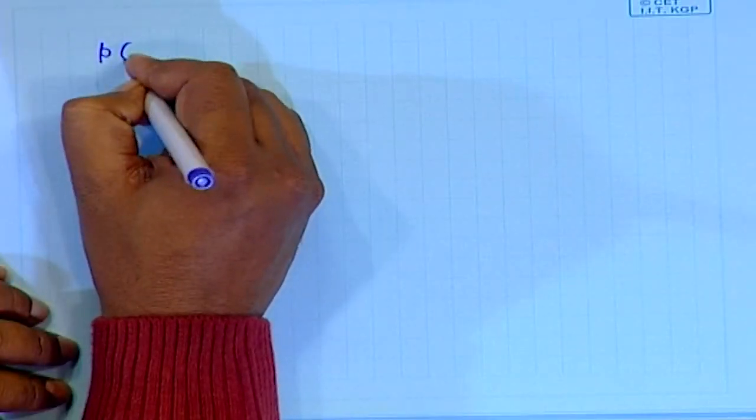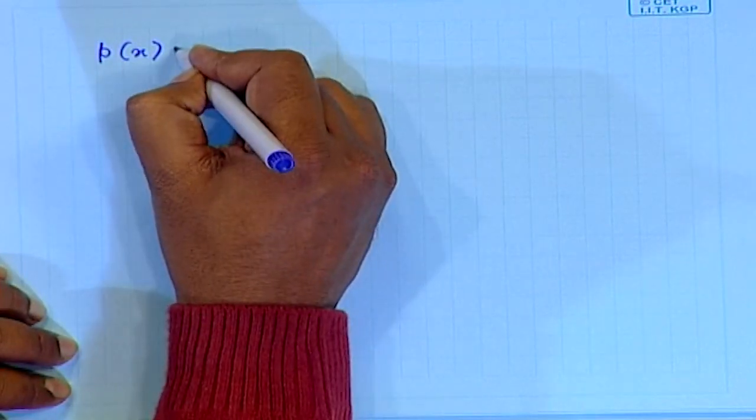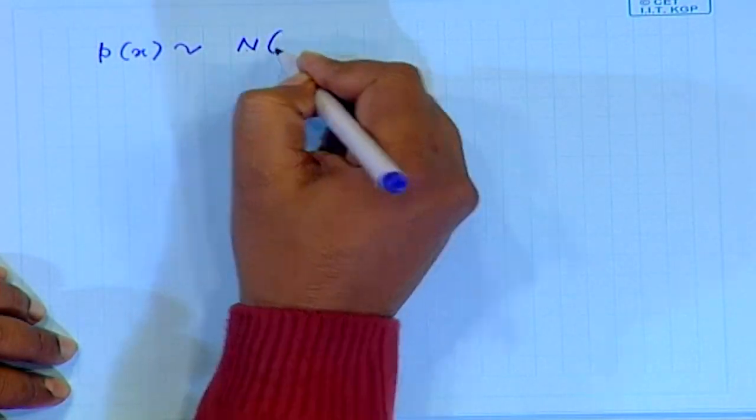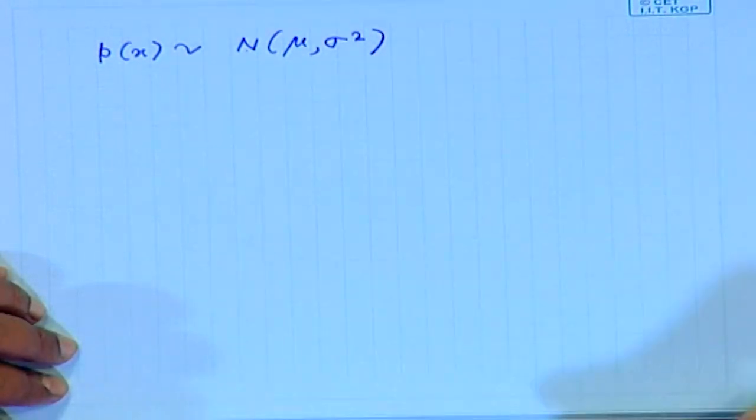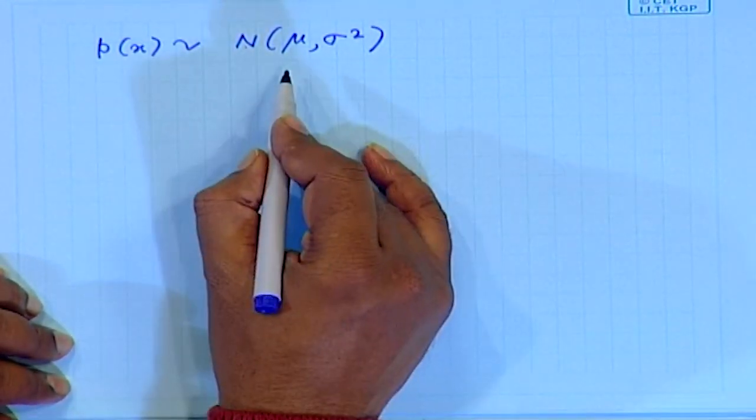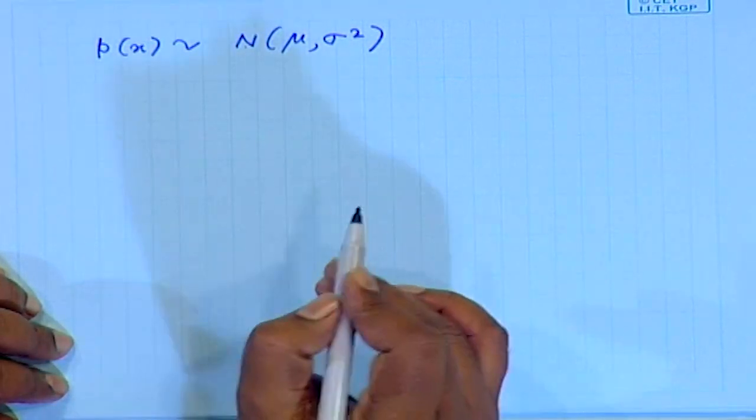Now, what does this multivariate normal density, or the multivariate Gaussian density, actually tell us? Let us consider the case of the single variable normal density. So, I have p(x), which is given by the normal density, with mean value mu and variance sigma square.